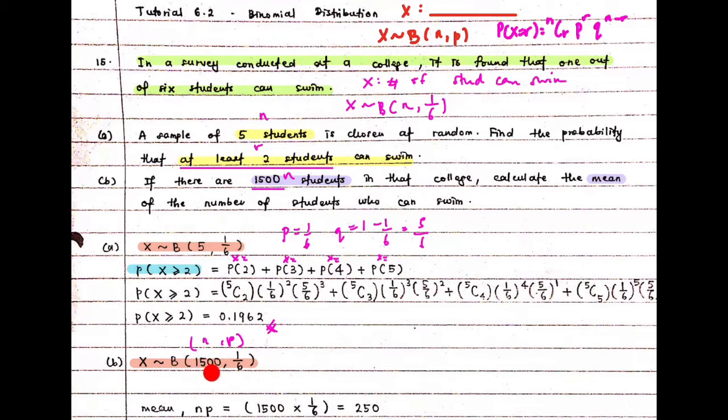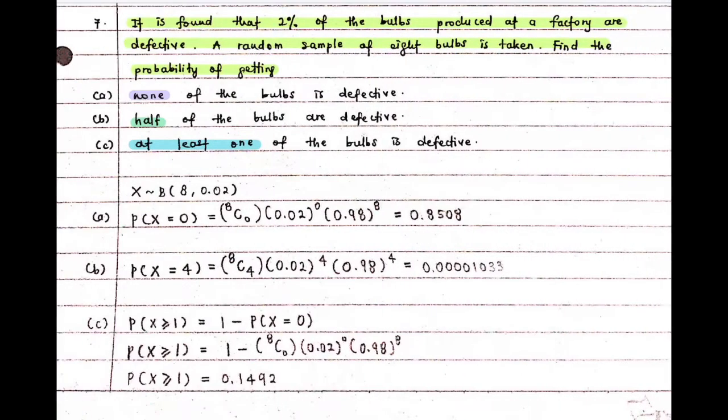Our n is 1500 and our probability p is 1 over 6. The question asks you for the mean. The formula for the mean is n multiplied by p. So just put n, 1500, multiplied by p, 1 over 6. So the answer is 250.